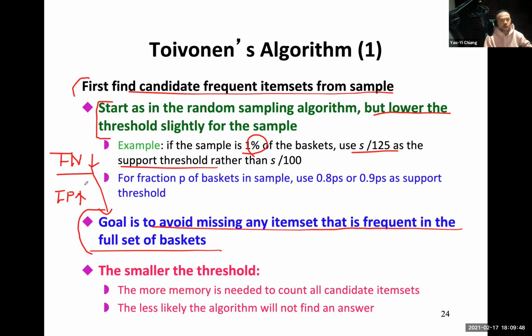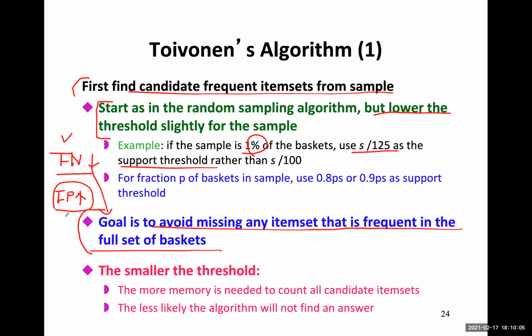So think about this. Why do we want to avoid this, but at the same time, take the risk that your false positives might increase? Anybody? Is that because we want to find the frequent item sets?